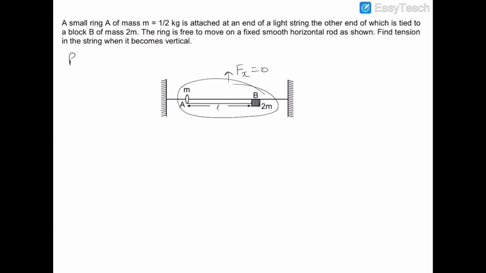So P initial is equal to P final, but only in x-axis. Now initial momentum, as we all know, is 0 because ring and block are at rest, and finally when we release this block, I'll draw the diagram.